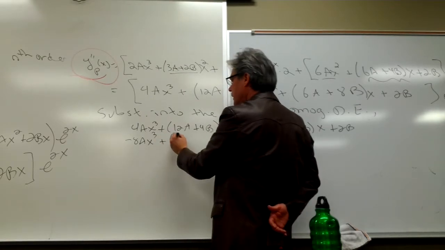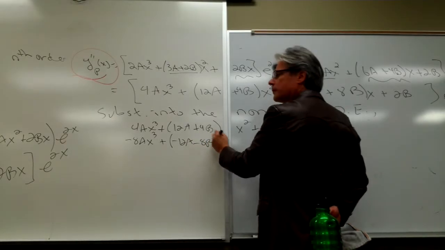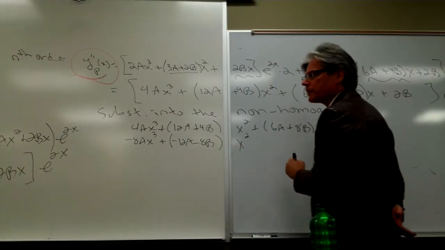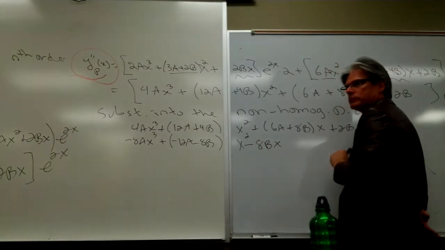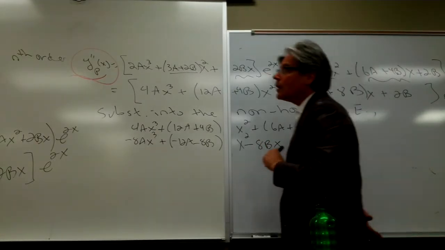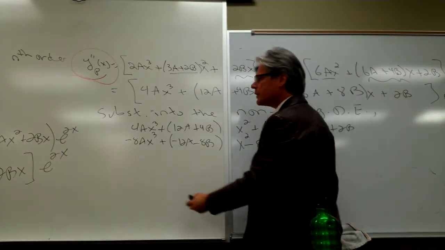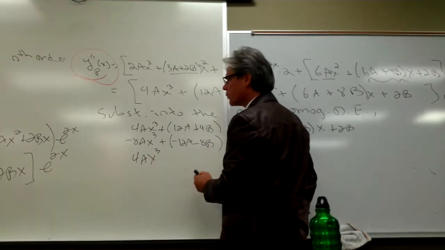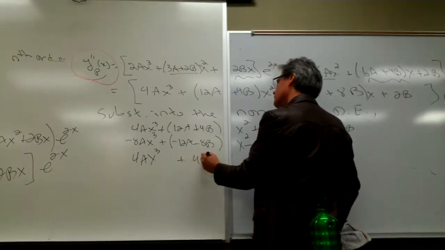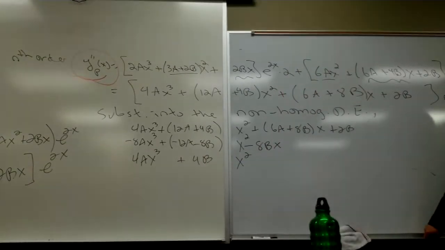Plus a negative 12a minus 8b times x squared, minus an 8bx, plus 4 times the original function y, but that's just simply going to give me a 4ax cubed. Is that a plus 4bx squared? Did I forget anything?